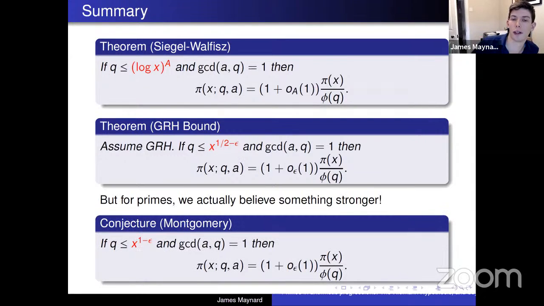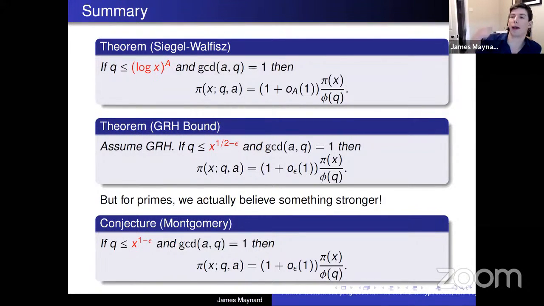But for this question and this formulation about how big q can be compared to x when you still get equidistribution of primes, we believe that actually you should be able to prove a result that goes far beyond this generalized Riemann hypothesis bound.